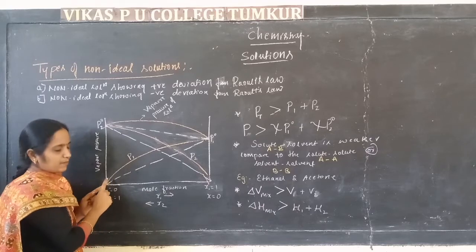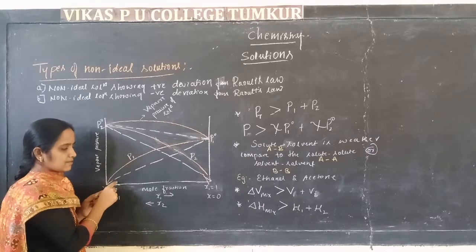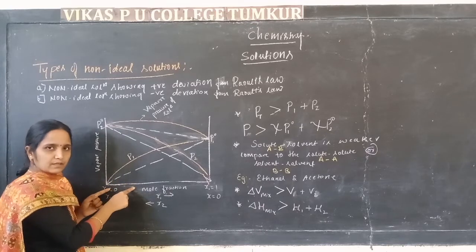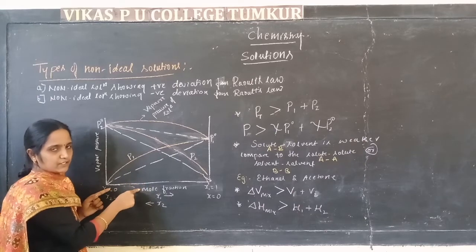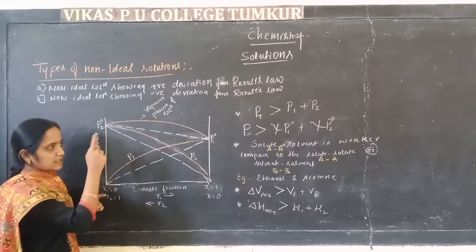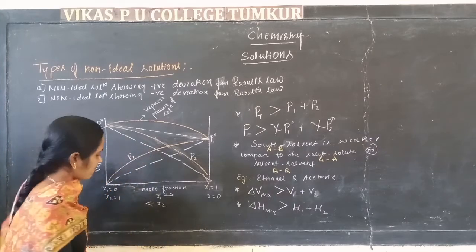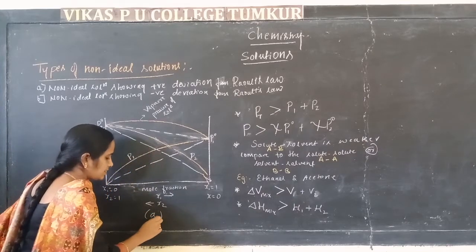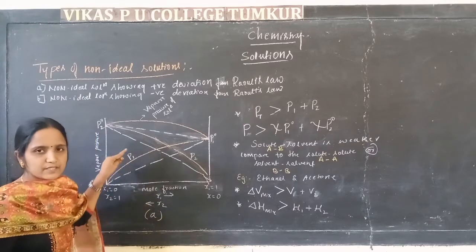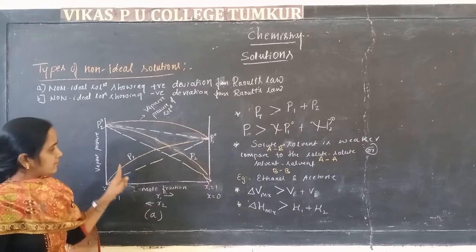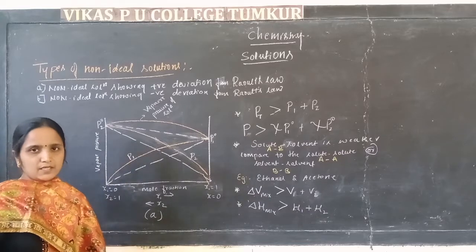The vapor pressure increases by increasing the mole fraction of the solute. This graph indicates that it is a non-ideal solution which shows the positive deviation from Raoult's law.